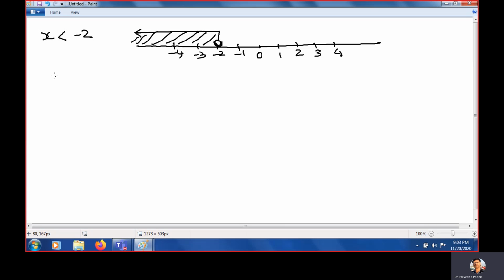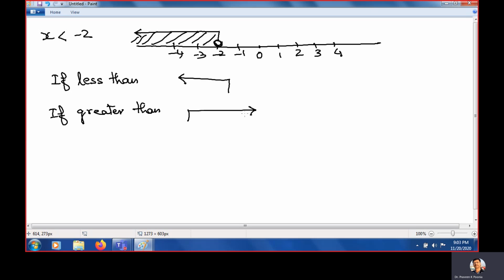So remember, if it is less than, clear, then the arrow will be this side. If it is greater than, then the arrow will be this side. This is the difference between less than and greater than. Clear?